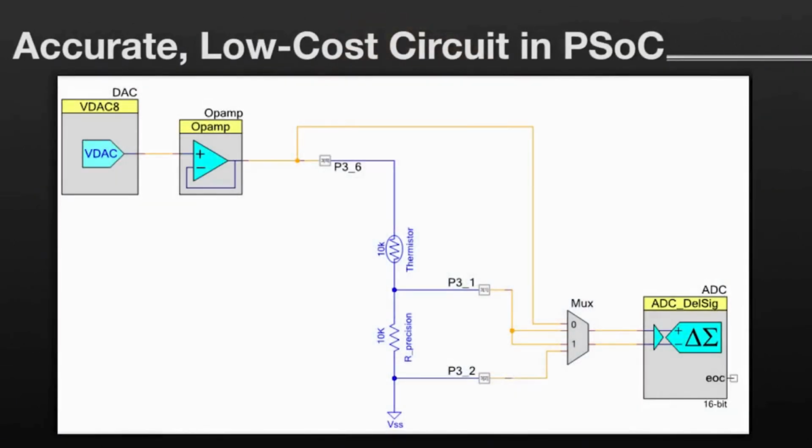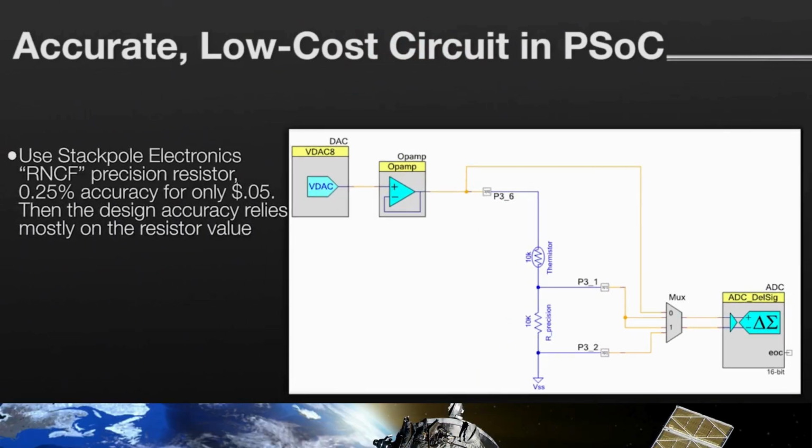The data sheet says it's a gain error that can be as high as 5%. So to reduce that error, we employ a 0.25% accurate 10K ohm resistor from Stackpole Electronics that costs just 5 cents. Then we measure the current across the resistor, and the accuracy of the measurement depends mostly on the resistor accuracy.